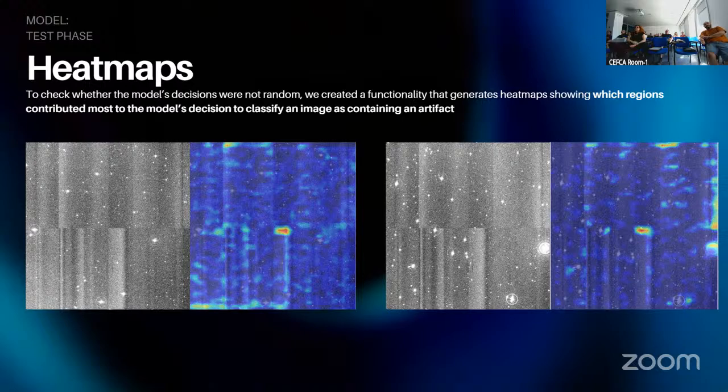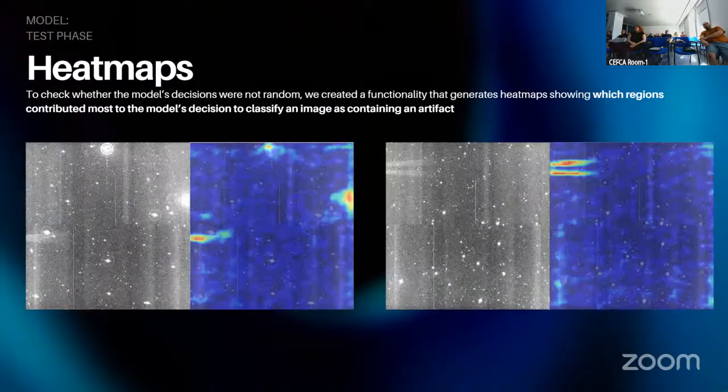As you can see, they are properly marked: this region around here corresponds to this gradient. The same with this. There's a gradient here that has been properly marked. And the next examples are even clearer. These two reflections are marked.